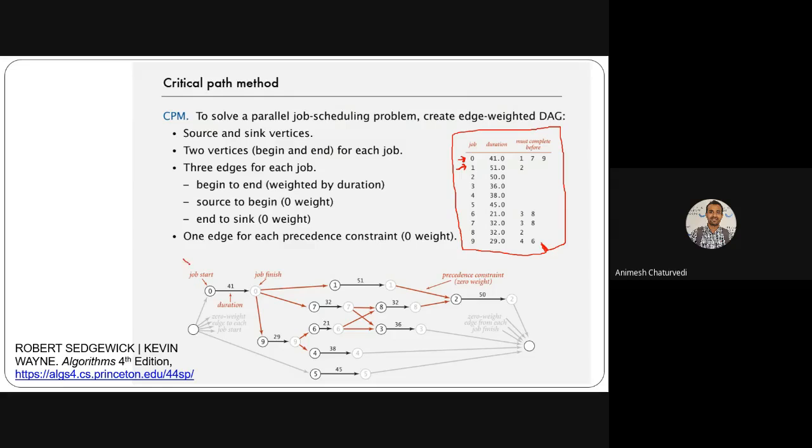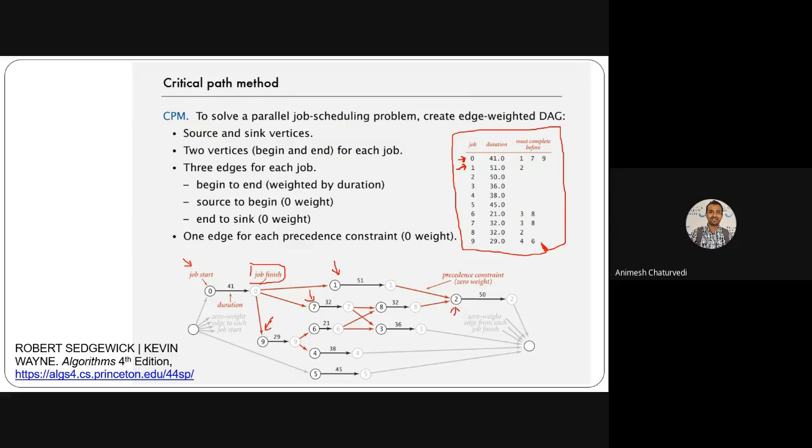This is the job to start. Job 0 is the starting job, and this one will not be started until job 0 is finished. Then again, 7 will not be started until this job is finished, and 9 will also not start until job 0 is finished. Again, 2 will not be started until job 1 is finished.